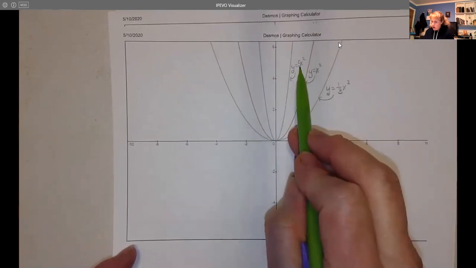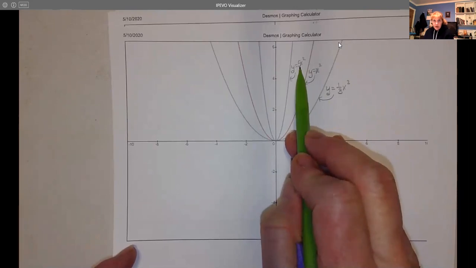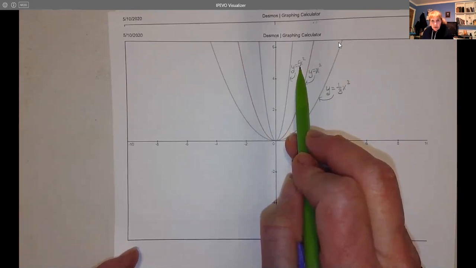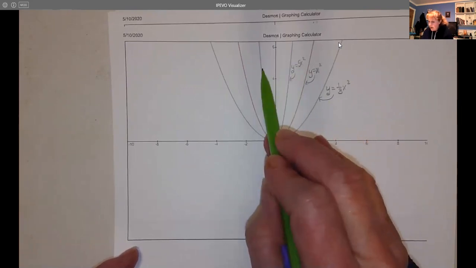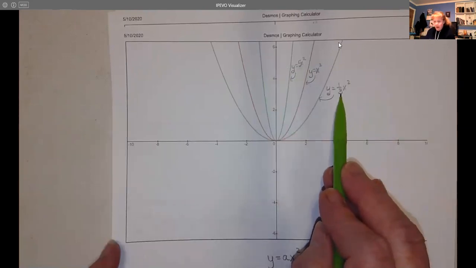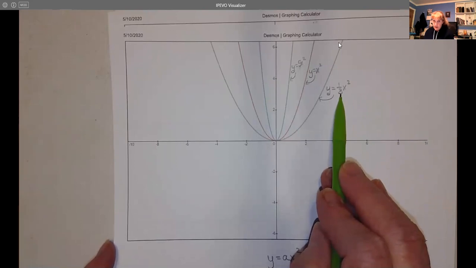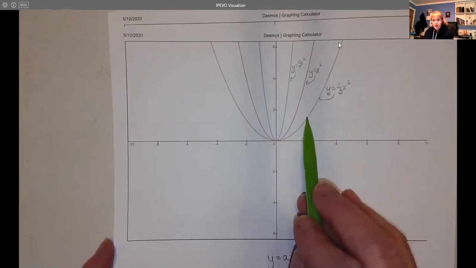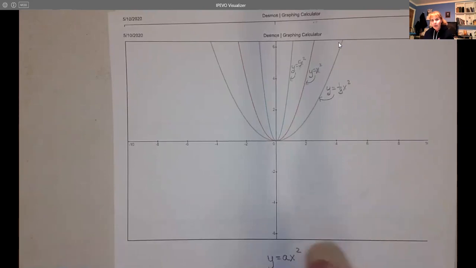If this is larger than 1, like a 2, 3, even 1.5, like 3/2, 4/3, anything bigger than 1, it will be narrower. If it's a fraction here or less than 1, then it's wider. Okay. All right. So that's all the A does. Tells you if it opens up or down, and if it's wider or narrower.